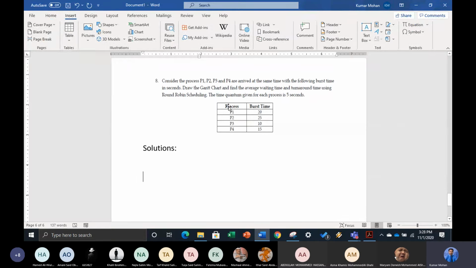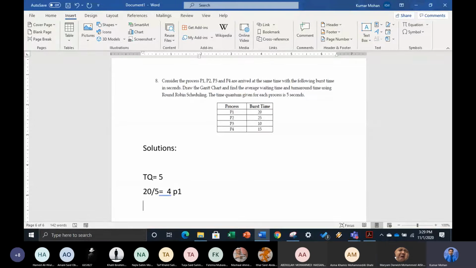Now tell me how many times P1 will come. What is the time quantum given here? Time quantum equals 5 seconds. Very good. Now just tell me how many times P1 will come. 20 divided by 5, 4 times P1 will come.